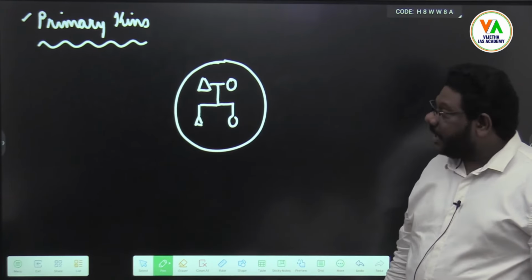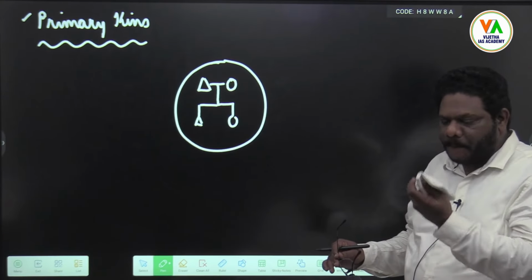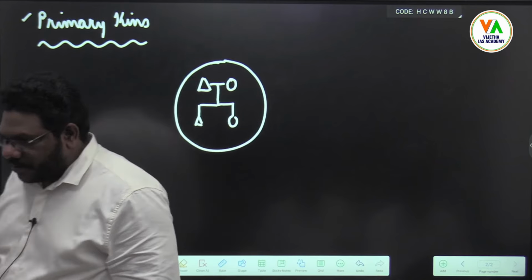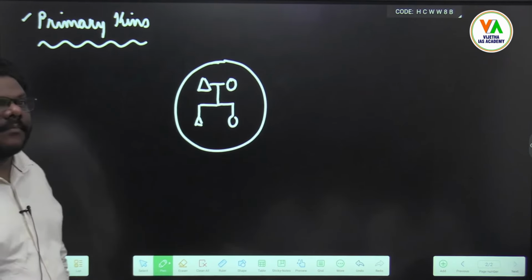They include husband, wife, father, mother, son, daughter, brother and sister. So total 8 relations are there. So generally 2 are affinal, 6 are consanguineal.